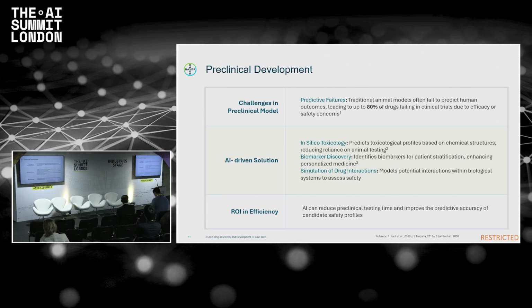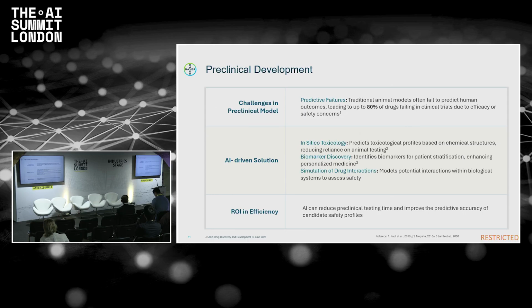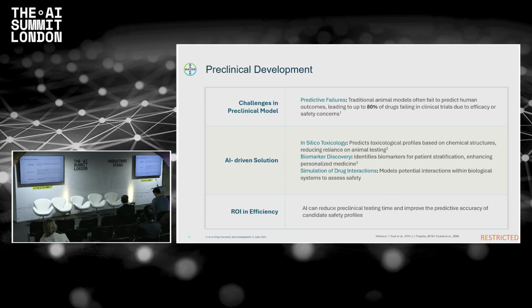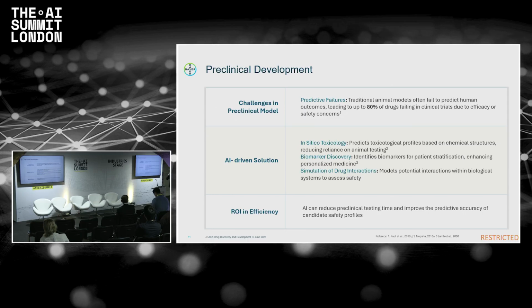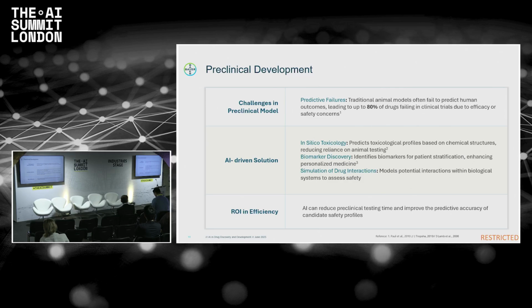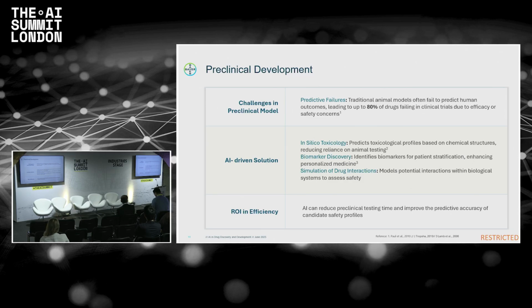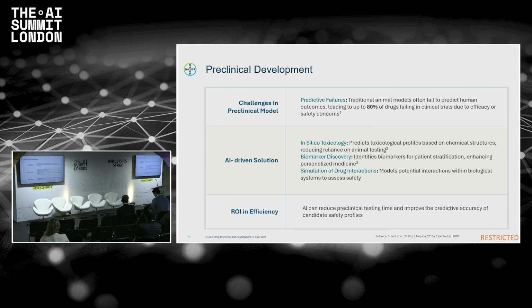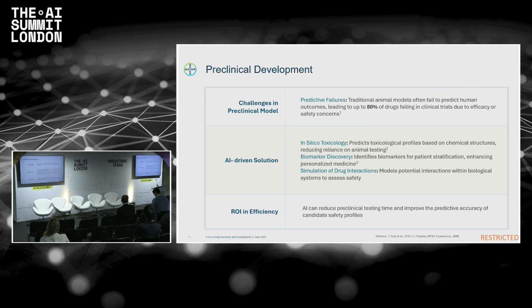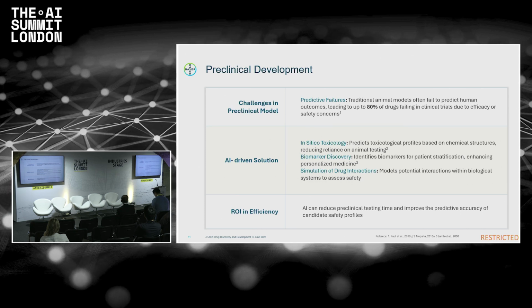If you move a pharmaceutical compound to stage 3 and then it fails, you're talking about 300 to 500 million at least. It could be more depending on the indication, the therapeutic area and the size of the trial. I'll show you another data set in a minute.